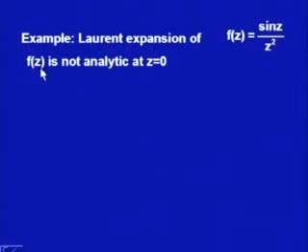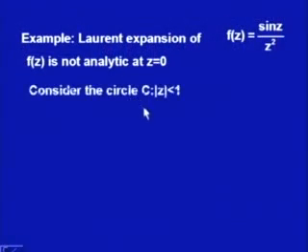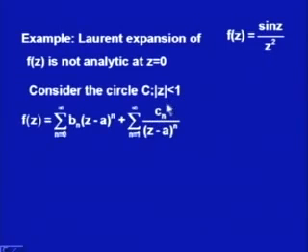So, let us consider f(z) as sin z upon z square, and since f(z) is not analytic at z is equal to 0, we consider the circle C, modulus z less than 1. Then in this circle we can write down f(z) as summation of b_n over z minus a raised to power n plus summation n is equal to 1 to infinity c_n z minus a raised to power n.